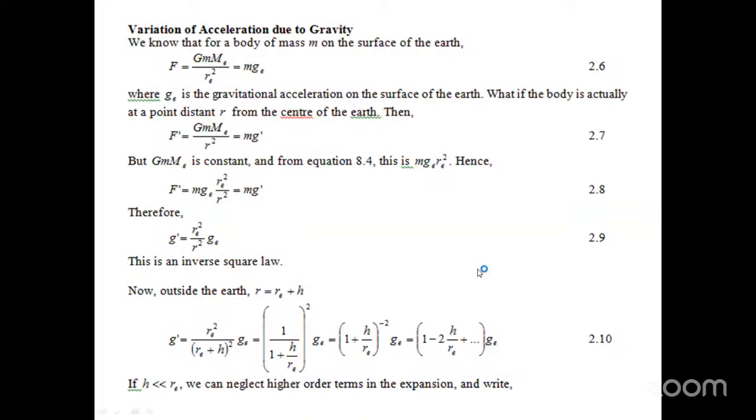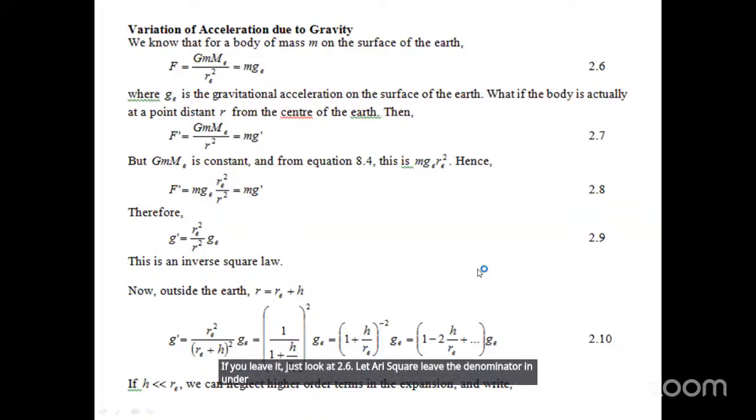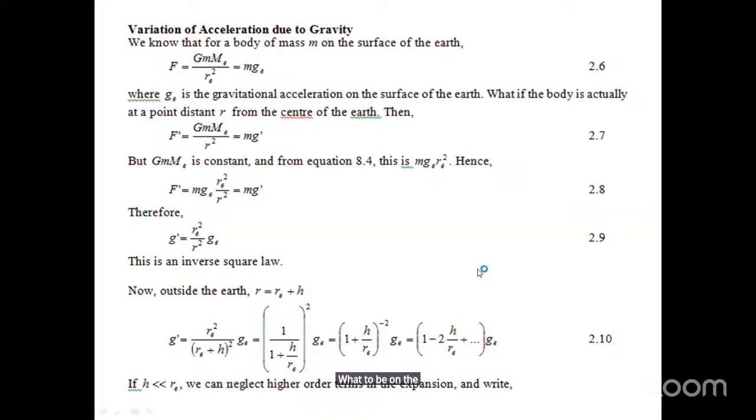Or if you leave it, just look at 2.6. Let Re squared leave the denominator under G Me. What will be on the right now? Small m g e Re squared, right? That should be from equation 2.6. Is that okay?